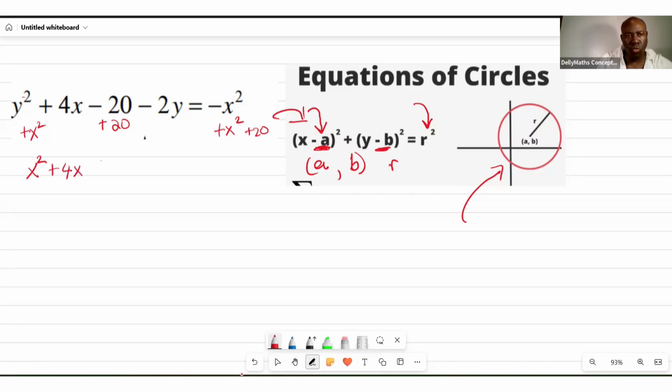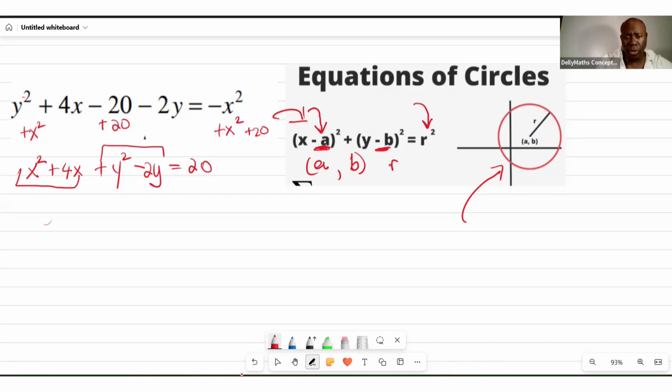Then I'm going to put plus y squared, negative 2y. And this is going to equal positive 20 on the right side. So I'm organizing myself because I'm going to actually do completing the square on the two variables here. So I'm going to isolate my x's, isolate my y's, and I'm going to complete the square. So let us get into it.